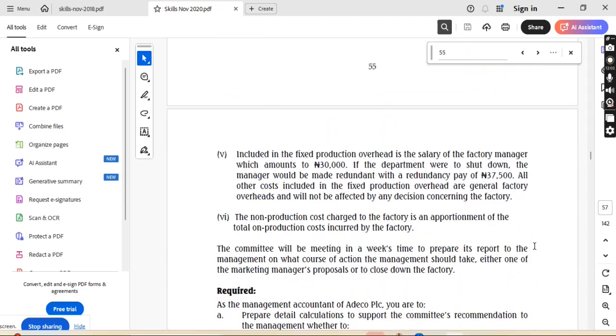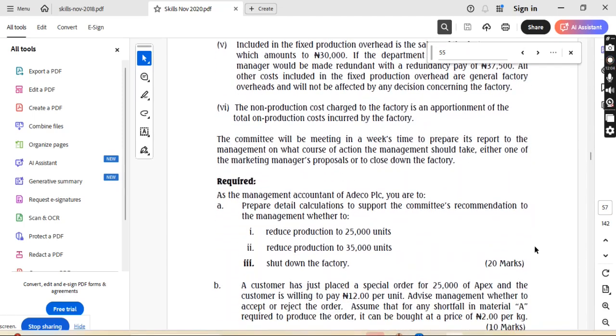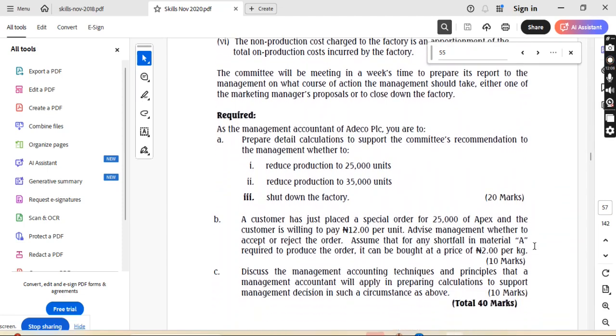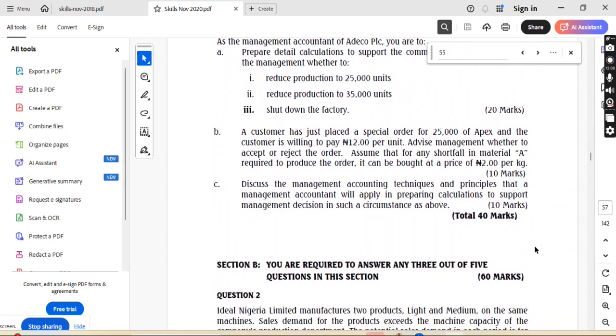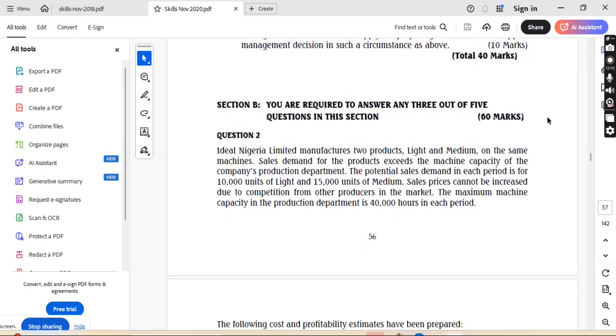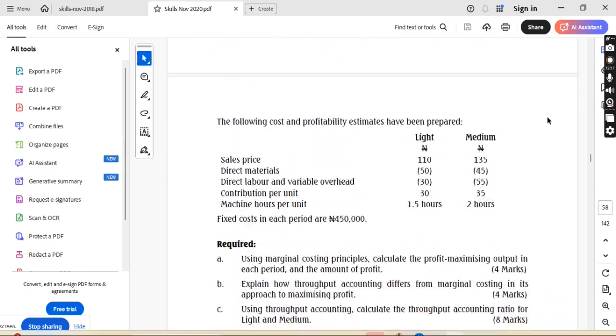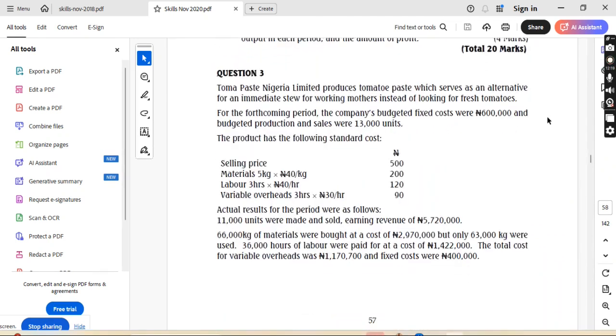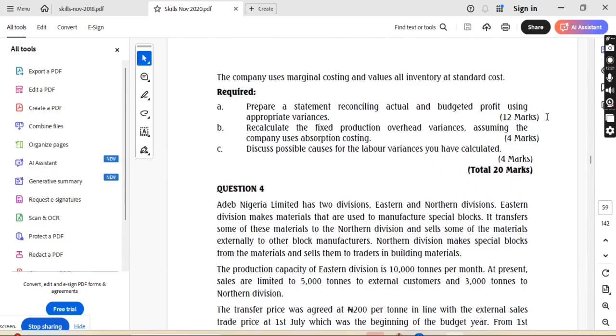We'll solve this relevant costing question 1. We'll solve it. Very simple. I think maybe first week of May. If that's one, then one limiting factor level. Where is it? Question 4.